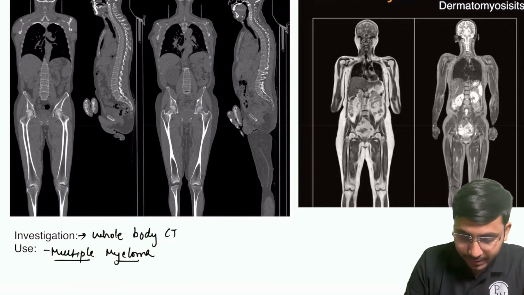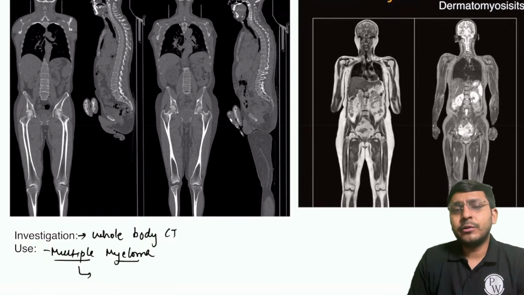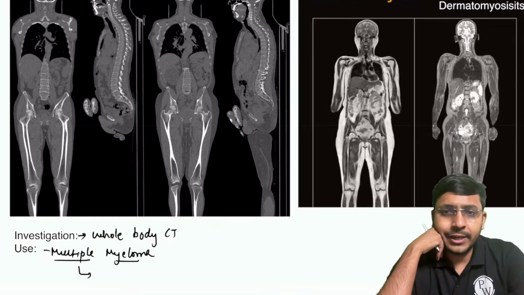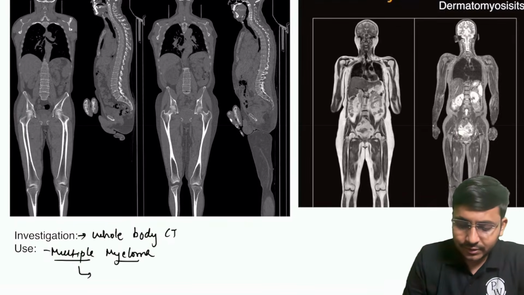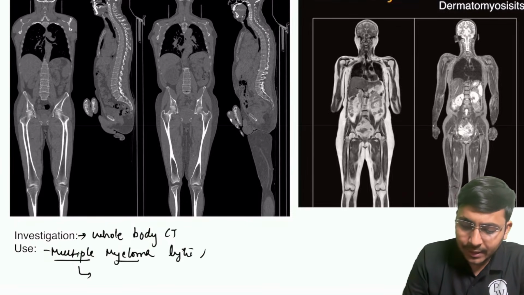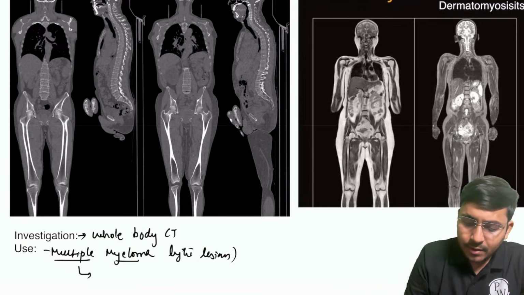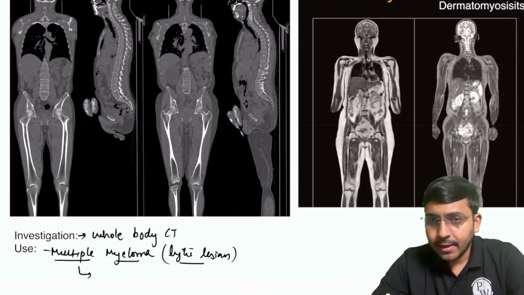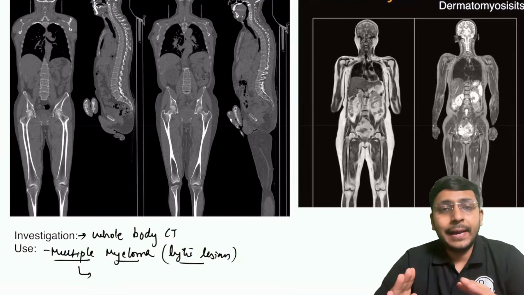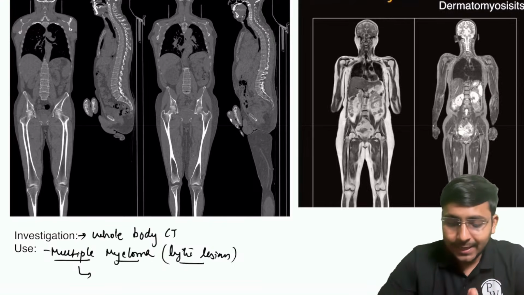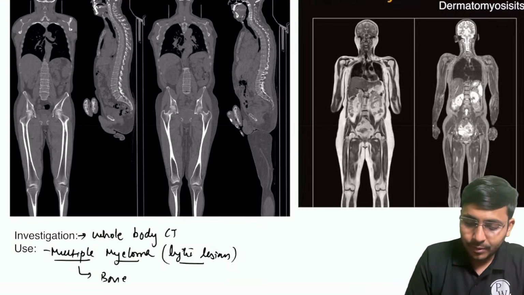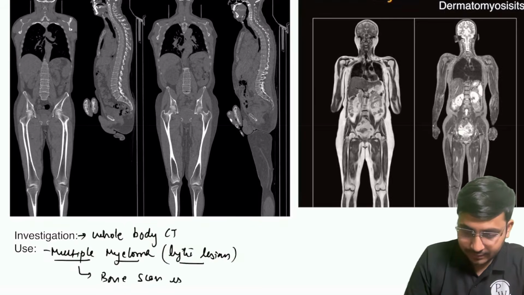Now, the problem with multiple myeloma is this: you'll say, sir, if it's a bony pathology and you're seeing lytic lesions in multiple myeloma, why not do a bone scan? But we know that in myeloma, bone scan is negative.